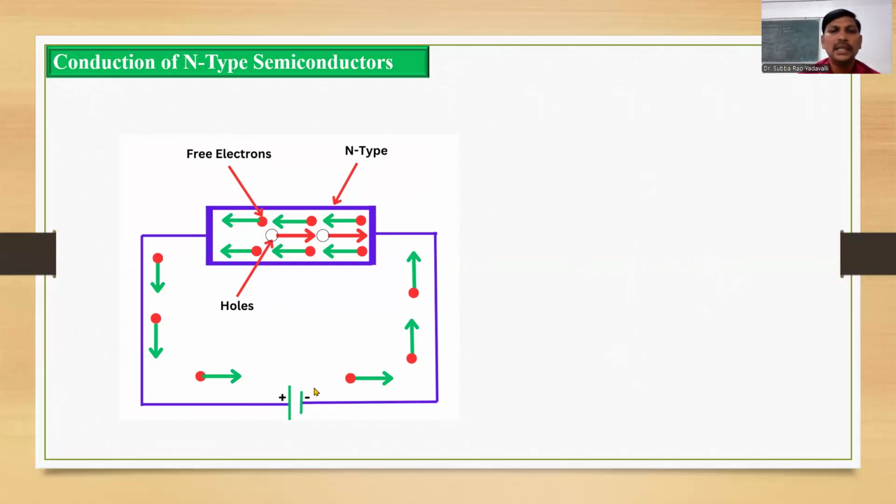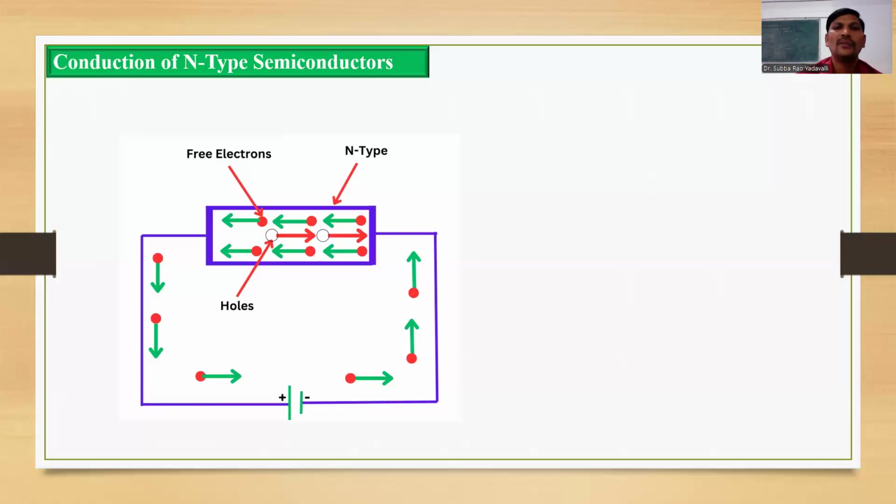Here, the positive terminal creates the holes, but the electrons are present at the negative end. That means this negative end has the electrons. These electrons pass through the semiconducting material and move in the forward direction, and the formed holes pass in the backward direction.